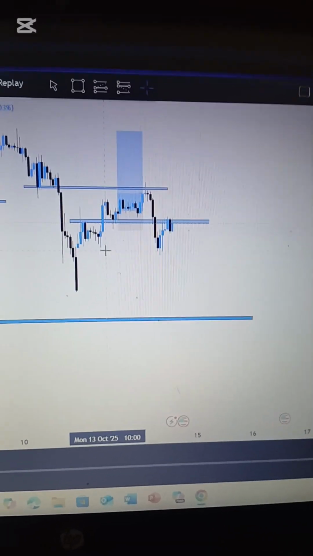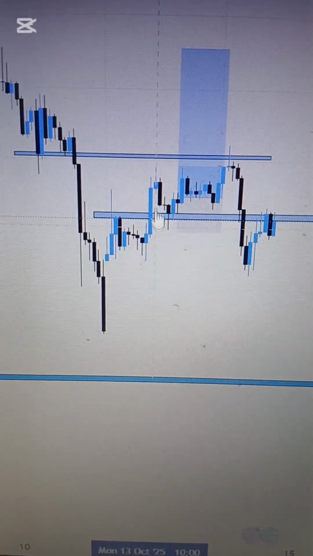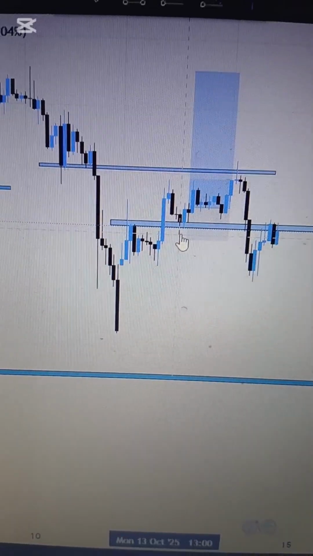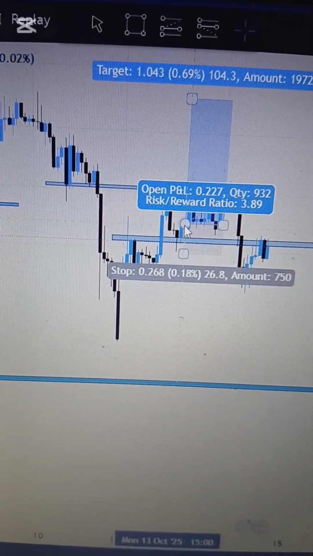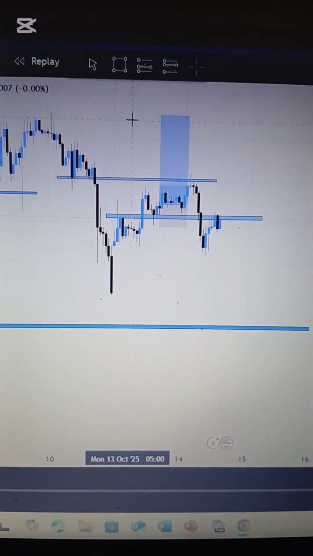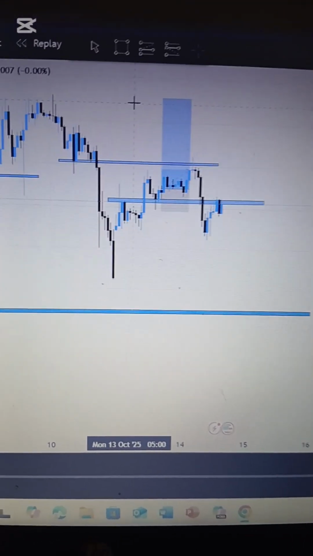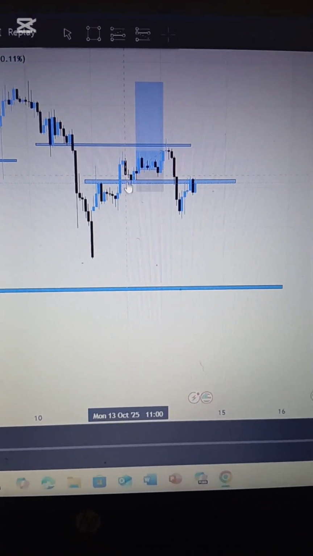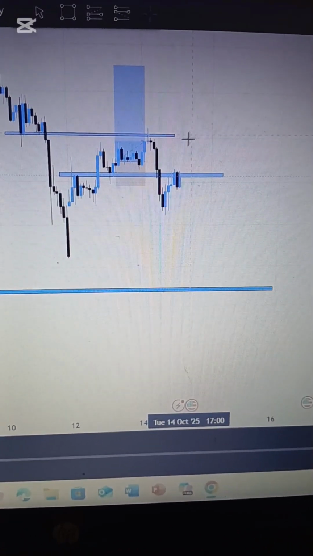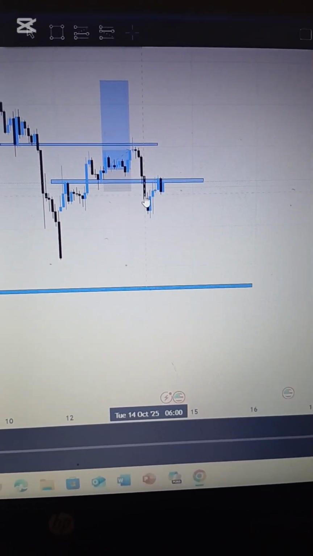This is the A plus setup. I got multiple bearish candles, and then I got a rejection here, and then on the first bullish candle I took my entry. This is an A plus setup, but there's a certain aspect that I didn't consider. Price went into profit, and then I got stopped out here.